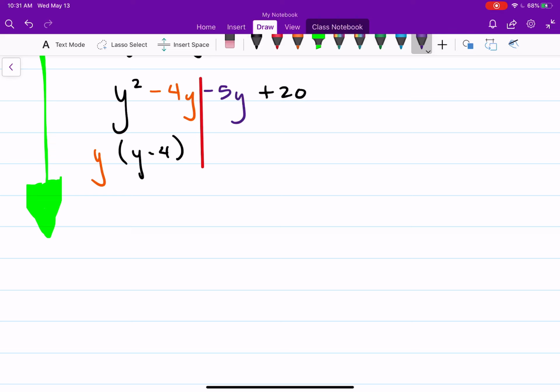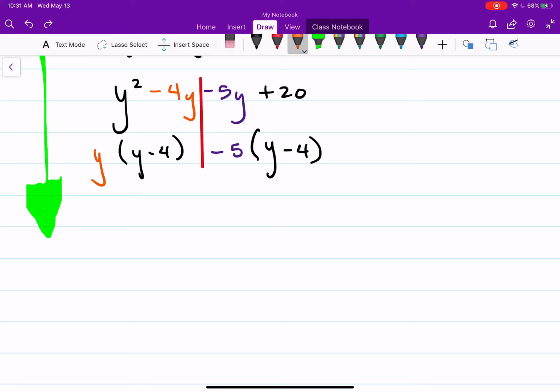Now I do a GCF on the second group. Since the third term is negative, I pull a negative, and 5 goes into 5 and 20. So if I pull 5 out, what do I have left? I have a y minus 4. Now, this is the place where you might want to double check yourself. You might want to distribute this y back in to see if you get that. If you do, then you have the right factor.